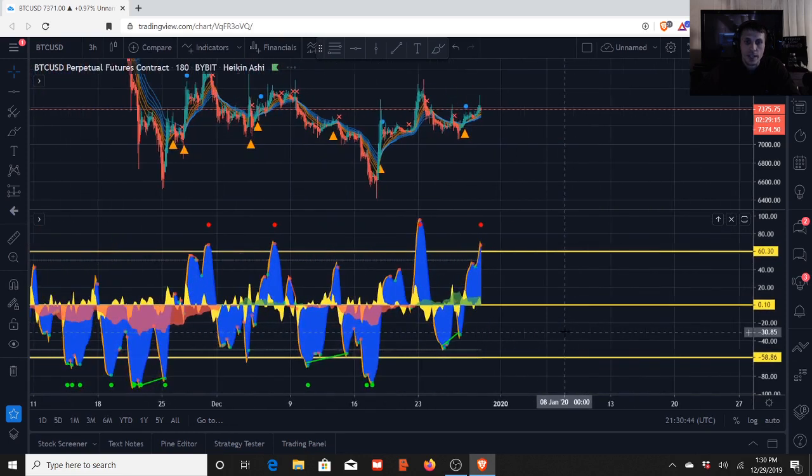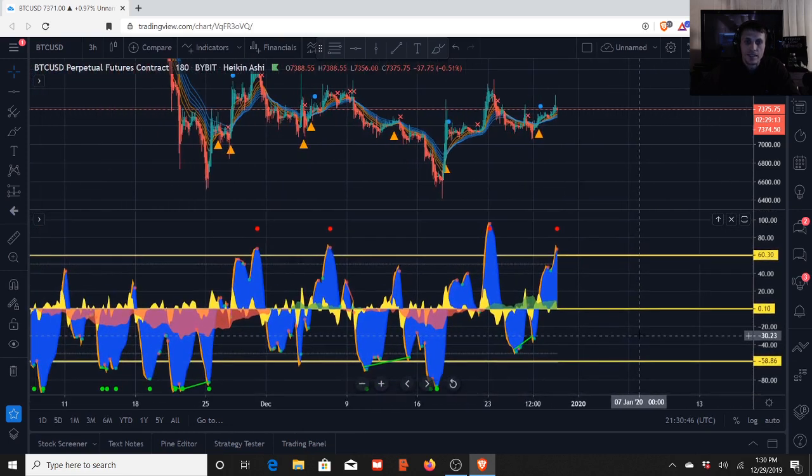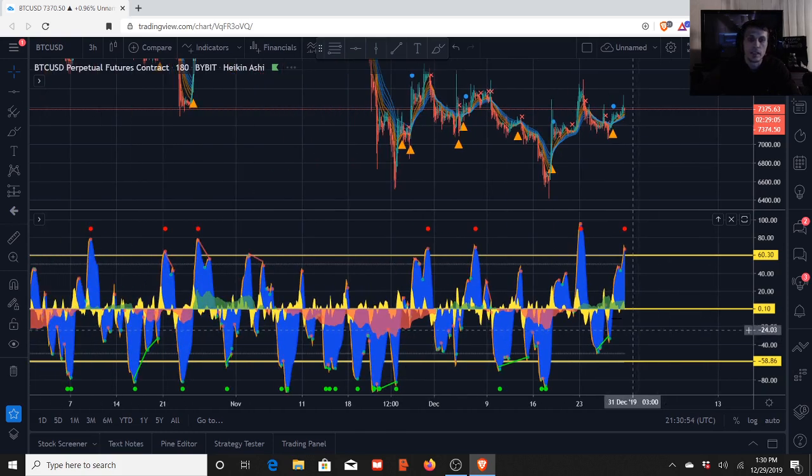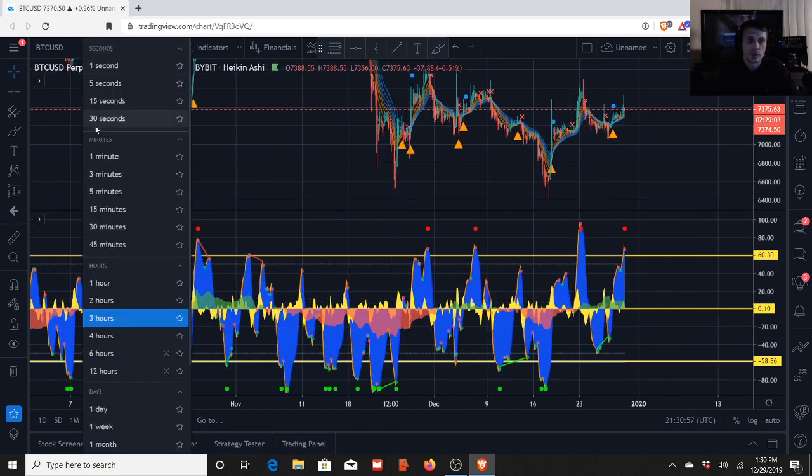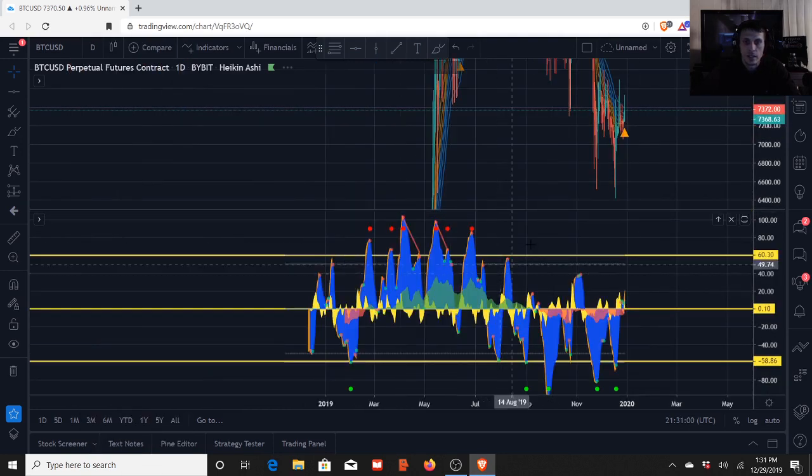But how I trade this script is I look for a root wave and then I look for a trigger wave. Okay, and there's plenty of good examples on what I mean. Let's switch down here. Let's go to the 1 day and see what we got.